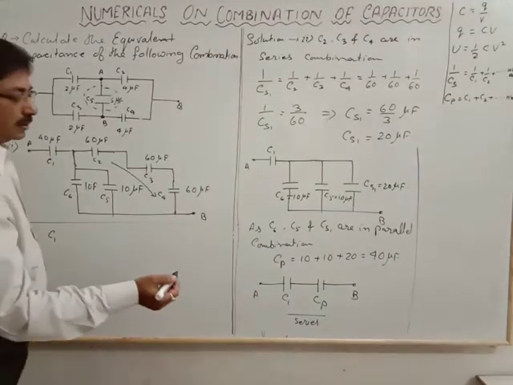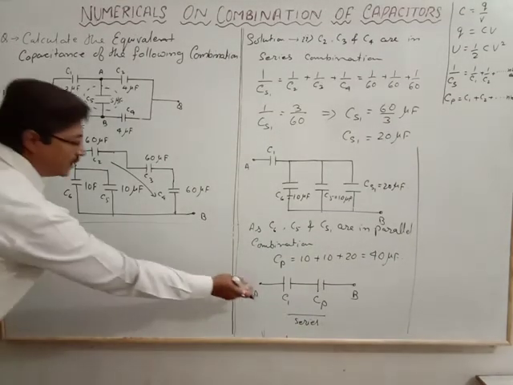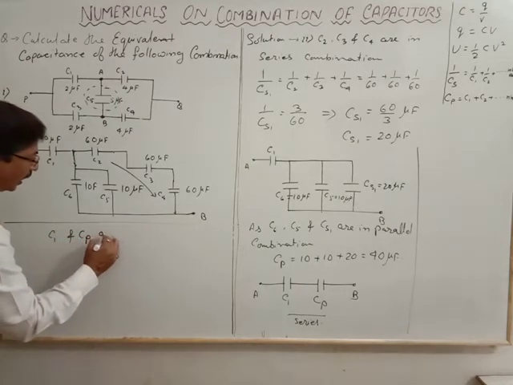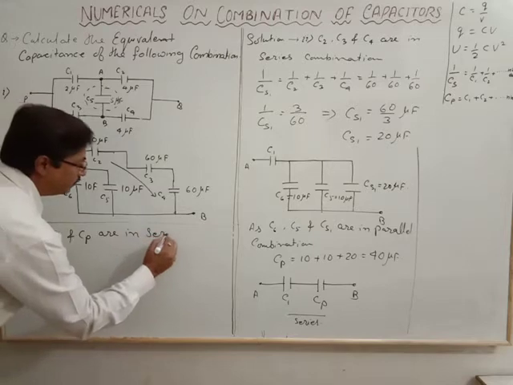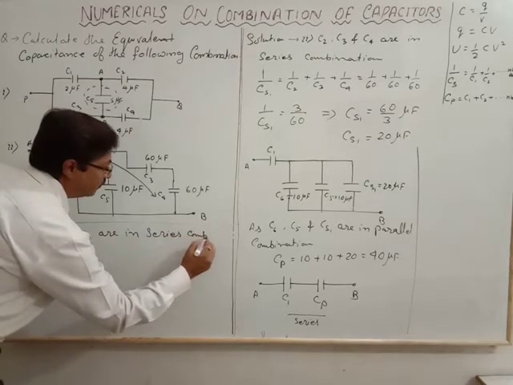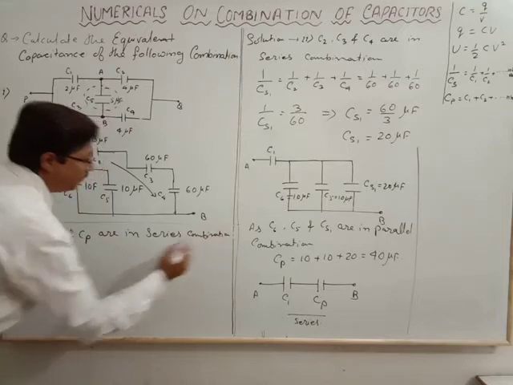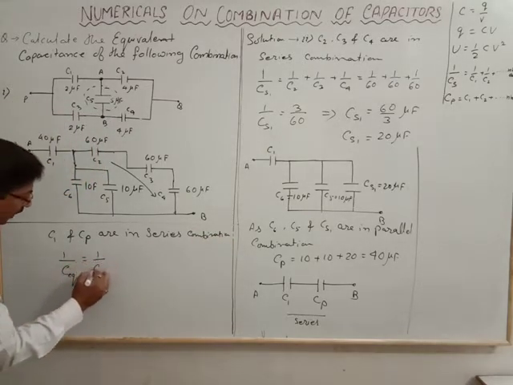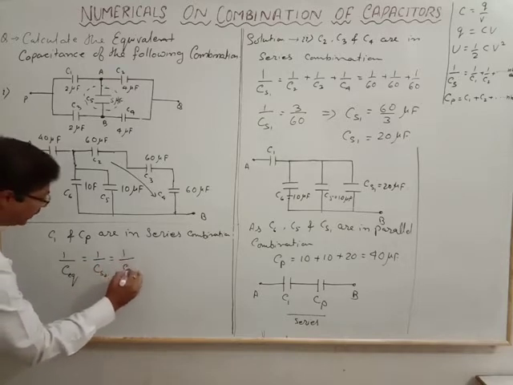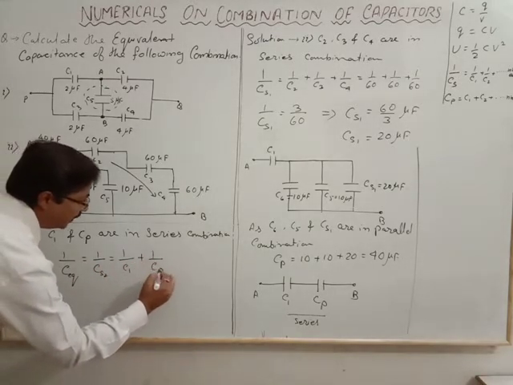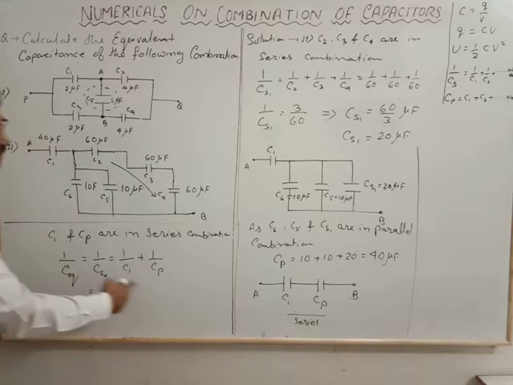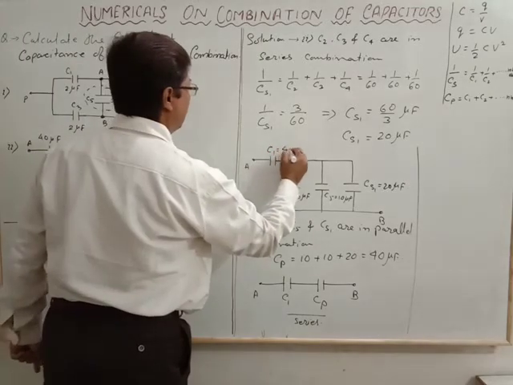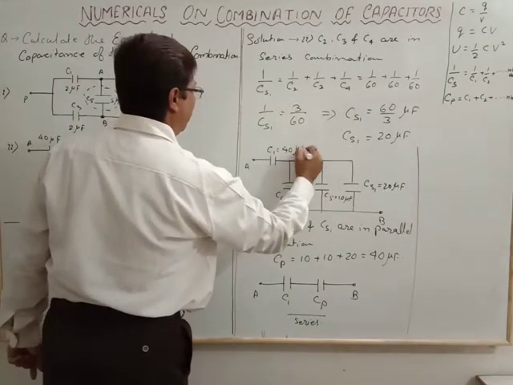Now this is the series combination. So CS1 and CP are in series combination. In that case, 1 by C effective equivalent is equal to 1 by CS2 is equal to 1 by C1 plus 1 by CP, and C1 has the 40 microfarad.